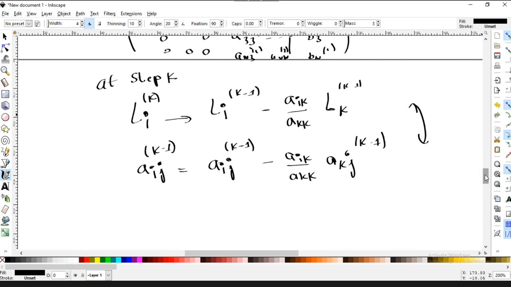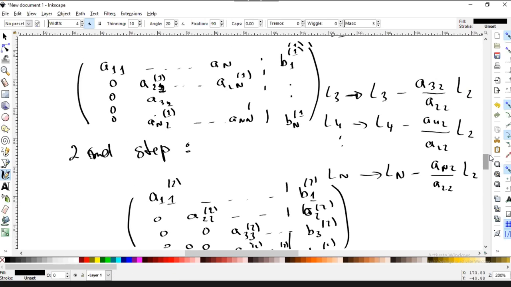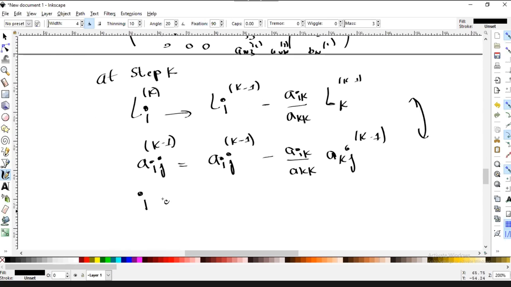And now, at step K, the index i will go from what till what? It will go from K plus 1 till N, right?